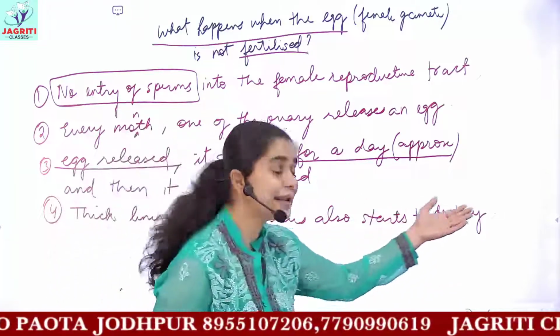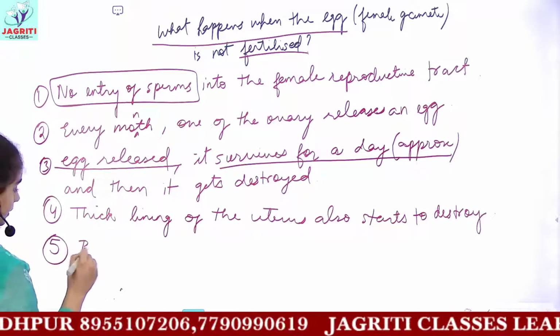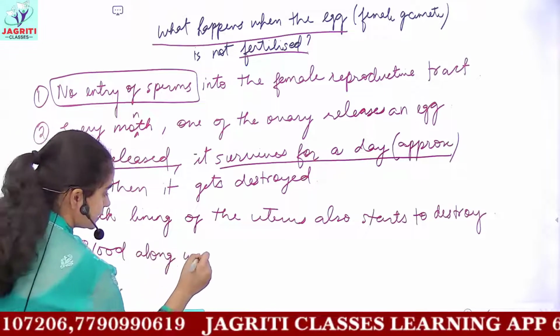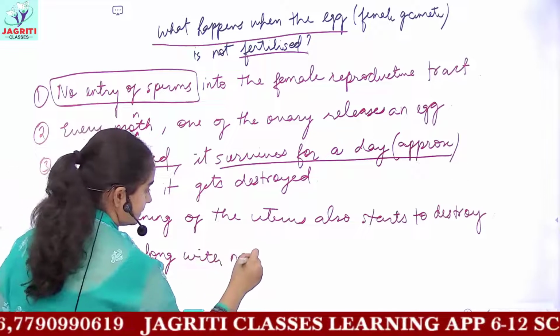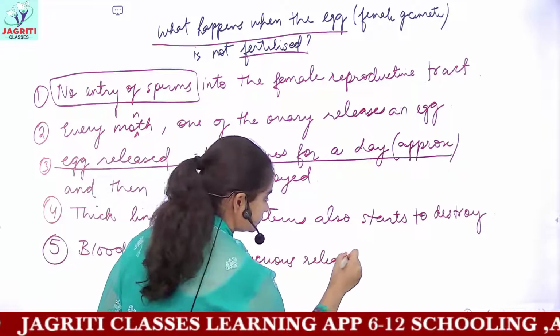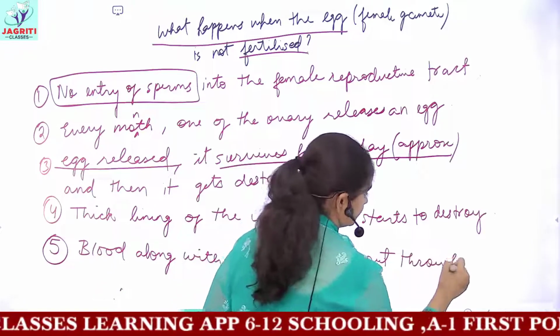So when this thick lining tends to destroy, then the blood along with the mucus releases out through the vagina.